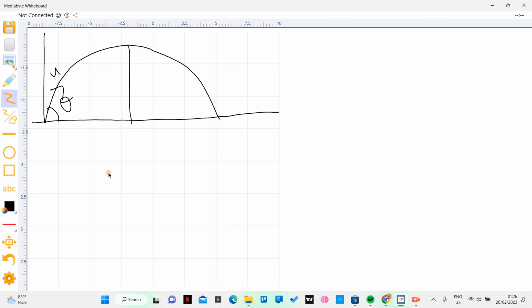We have our angle theta. So what are a few things we need? Since we have all these now, we already know that our horizontal velocity ux will be u cos theta. Our vertical velocity uy will be u sin theta.